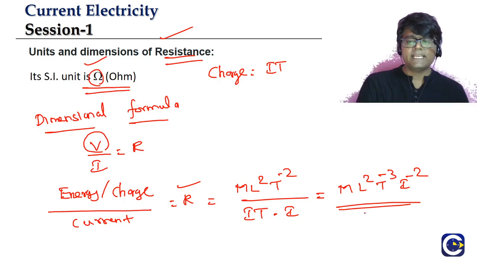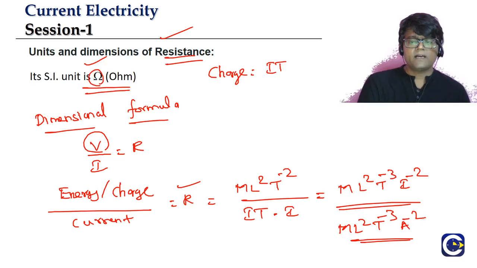Some textbooks write it as mL square T power minus 3 A power minus 2, because in place of the current symbol I, they use A, the dimensional symbol for current.